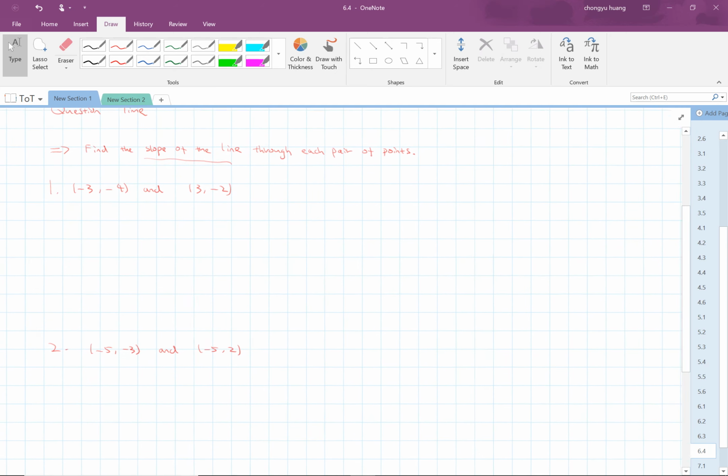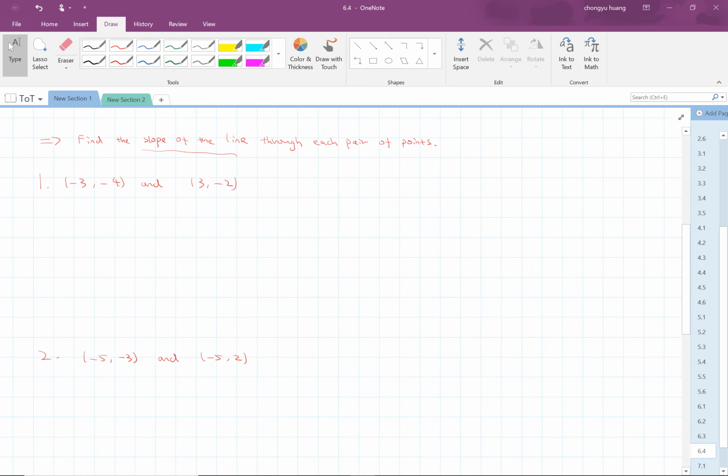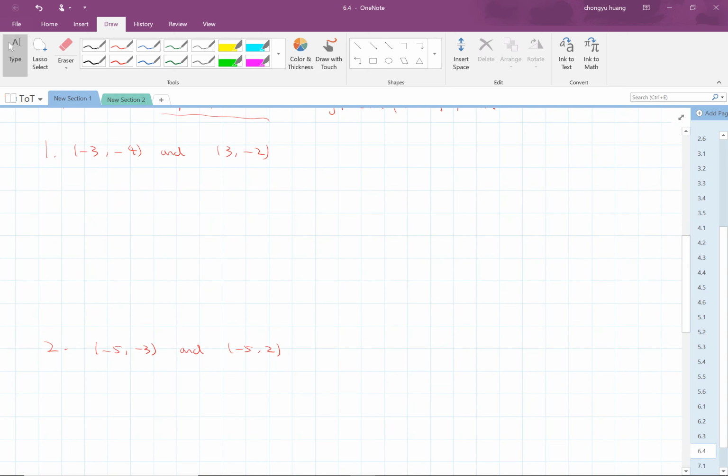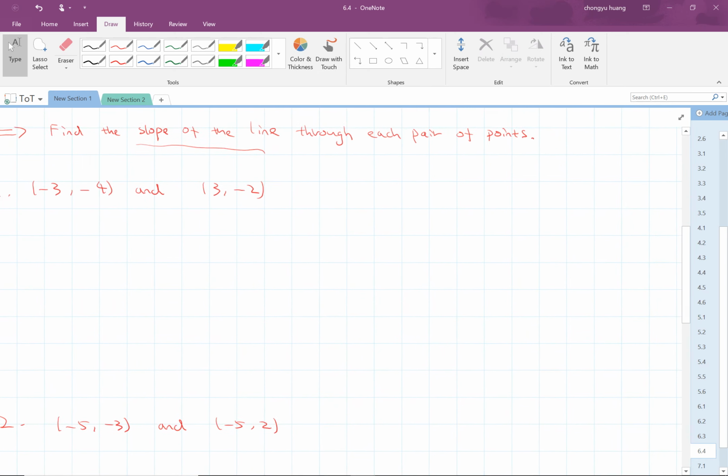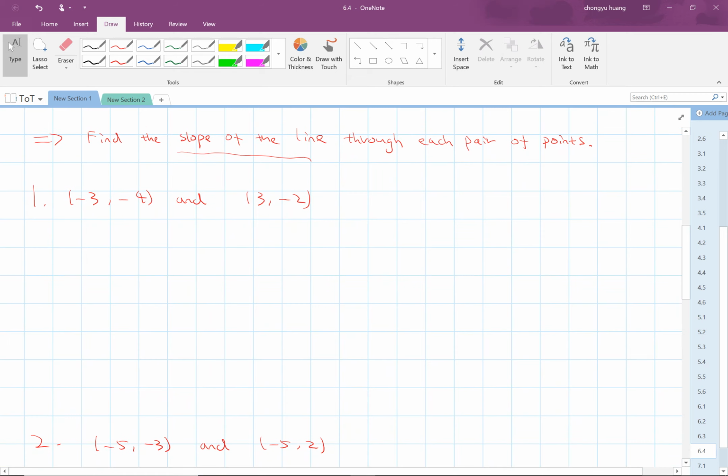Let's start with the first kind of question. Here we want to find the slope of the line through each pair of points. For question 1, we have 2 points. As I mentioned before, the slope of a line is y2 minus y1 over x2 minus x1.